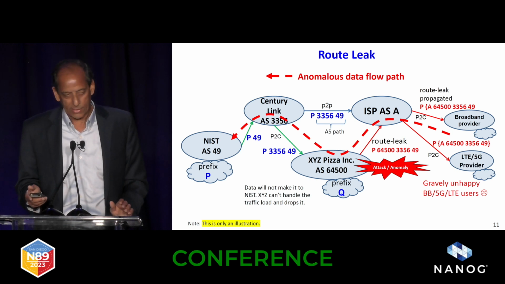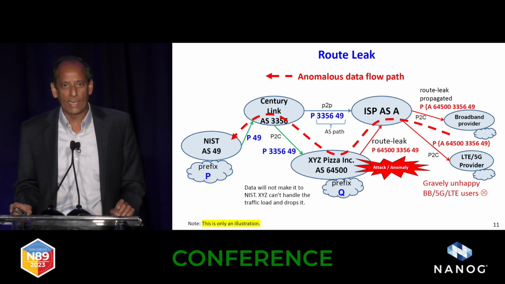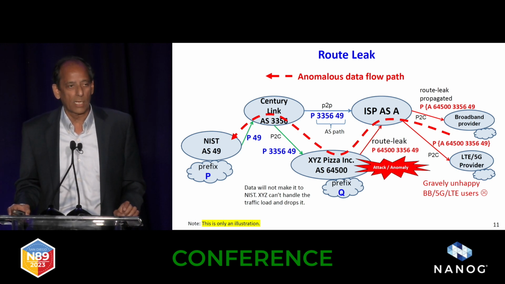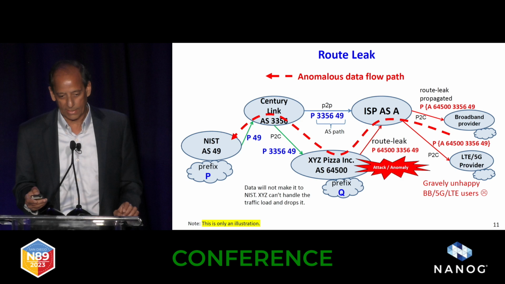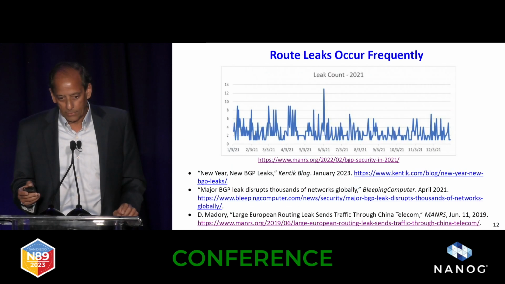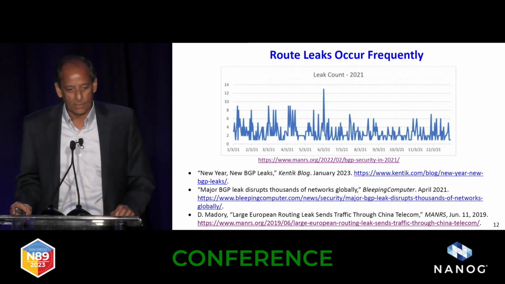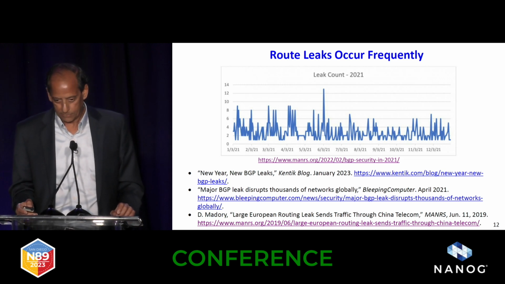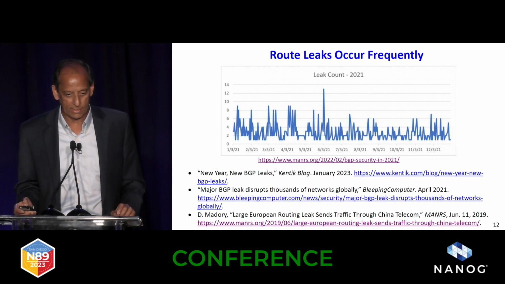It's similar to having a wrong sign on the highway pointing to an exit, and then a lot of traffic gets off the highway and goes onto local roads and experiences severe congestion. Route leaks occur frequently, several route leaks on a daily basis. There are measurements and incidents that are reported frequently.